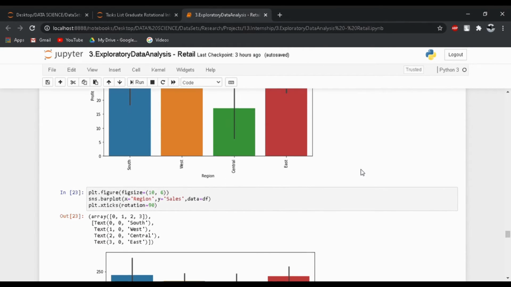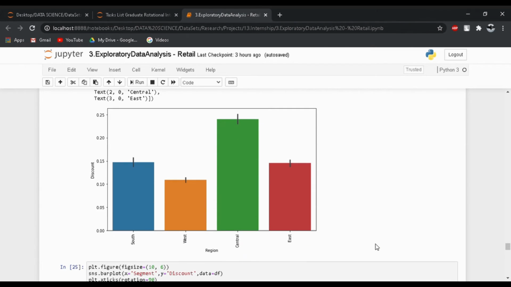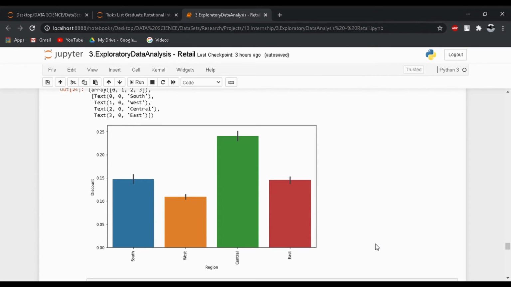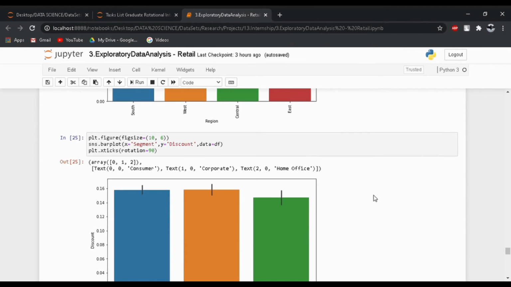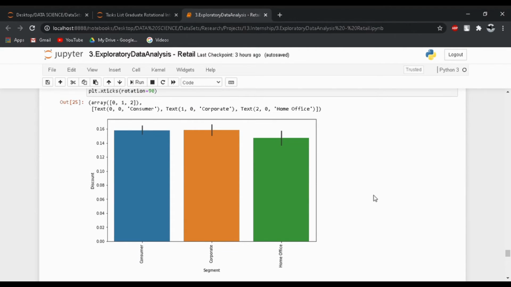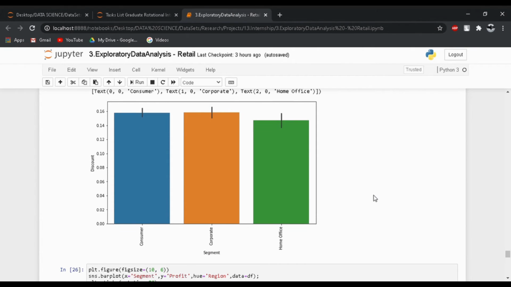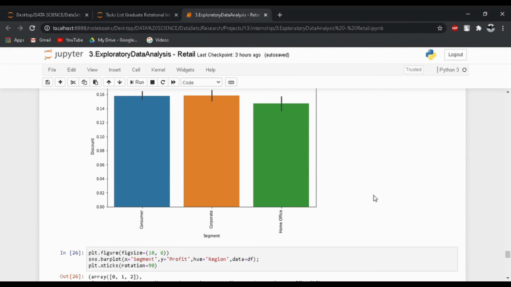So we must make sure that the central region develops in terms of sales and profits. I think that the sales of the central region are low because of the high discount rates that they give. And next thing you can see is which segment has the highest discount. Almost consumer segment and corporate segment have a similar discount rate. And in the end, we have home office segment.